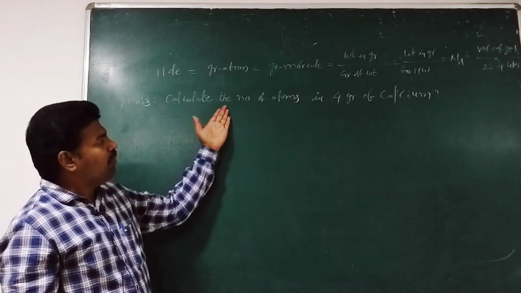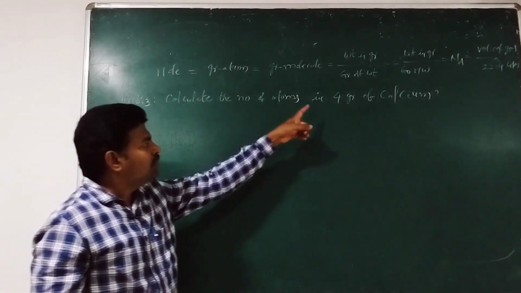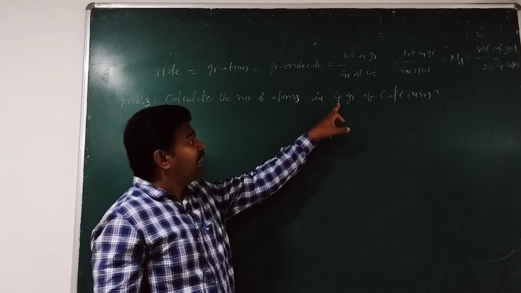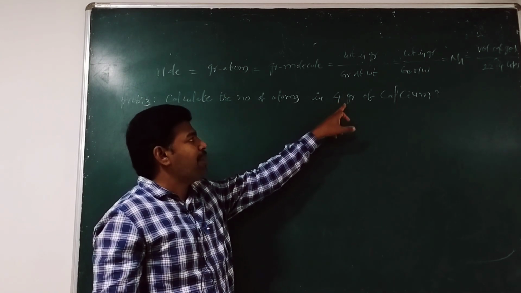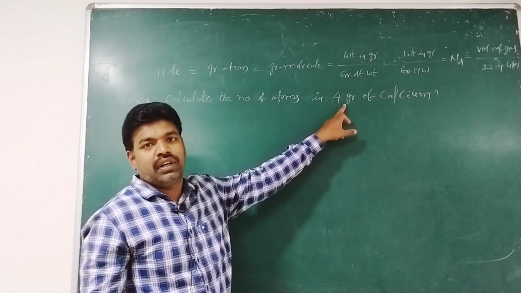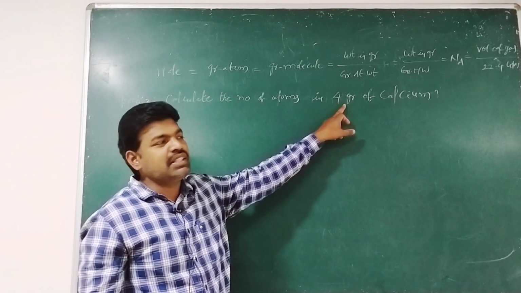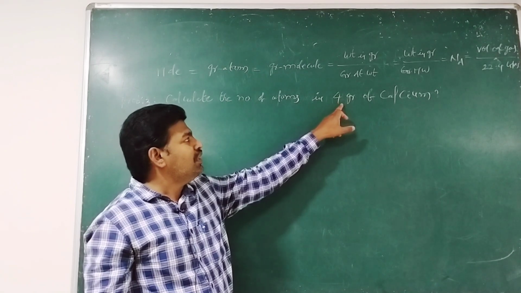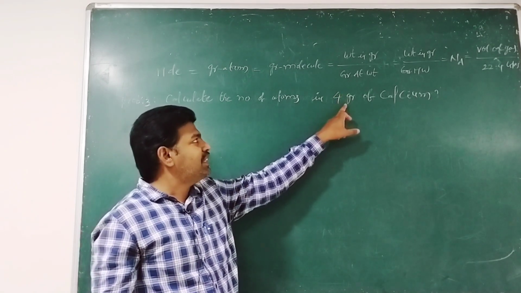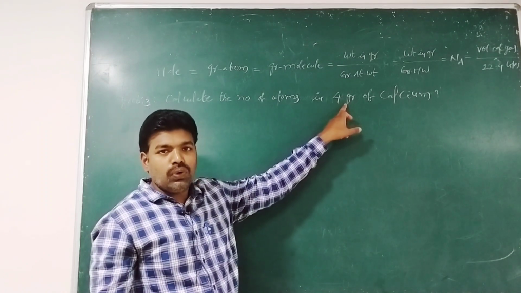So in the problem, they gave 4 grams of calcium. When they provide the weight of any chemical substance, then we should equate the weight to moles.